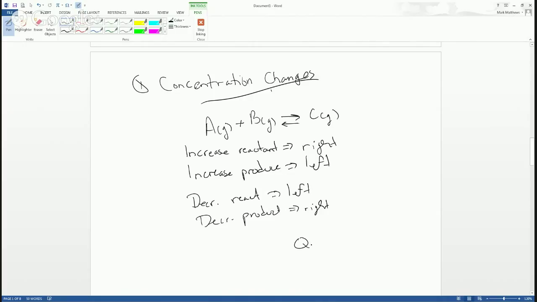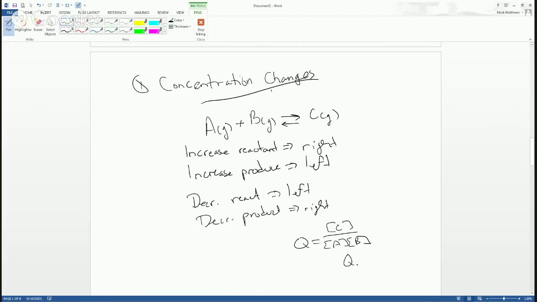One is if you go back and look at the reaction quotient, which in this case would be product over reactant raised to the power of everybody's coefficient, which in this case everything's 1. If you increase the amount of, say, product, you add more C to the system, you're adding stuff to the top part of your ratio.